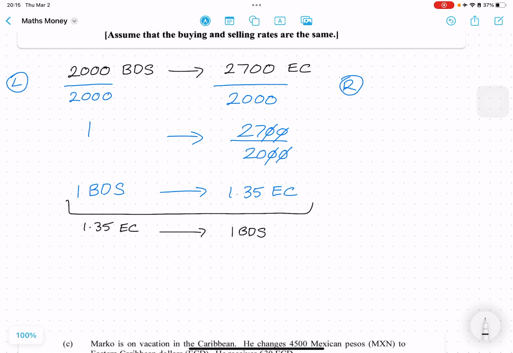So now I want to find how much for 1 Eastern Caribbean dollar, how many Barbados dollars I would get, which is different, right? So I do the same thing like I did before. I divide by itself, $1.35, and now I have to do that over here as well. Okay, so 1 Eastern Caribbean dollar is equal to 1 over $1.35, but that's not what they're asking me.